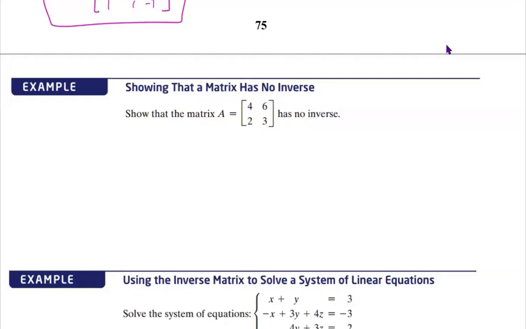So now in this example, we are trying to see how matrices that have no inverse, or singular matrices, react when we are performing operations, so we know when we don't have an inverse.